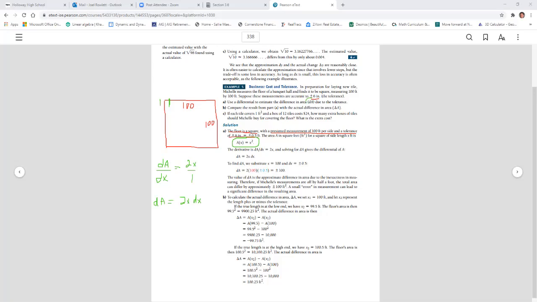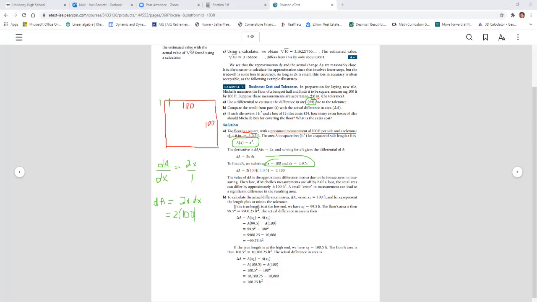So we have figured out dA in terms of x. Now it says find dA if x is 100 and dx, which is our tolerance, is plus or minus 1/2 of a foot. Well, to do that, we will substitute in our x value, and we said x is the length of one side. So we would have to plug in 100 here for x.